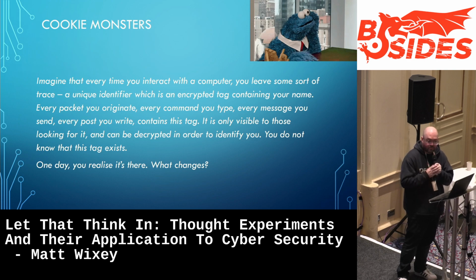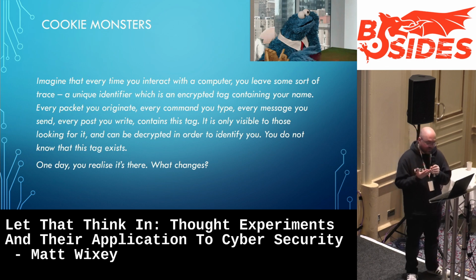What's changed? So you could actually use this thought experiment for several arguments. You could use one from an attribution perspective. So if you think about it, this tag sort of already exists in behavioral signatures. So when we're trying to attribute threat activity, for example, we're trying to find out who a threat actor is or where they're based, we tend to only focus on discrete identifiers like IP addresses, emails, domain names, that kind of thing.